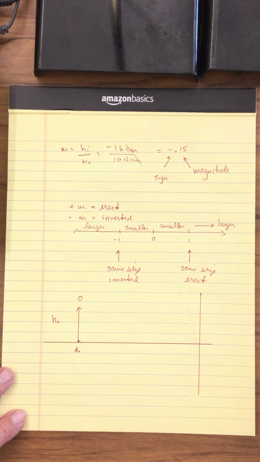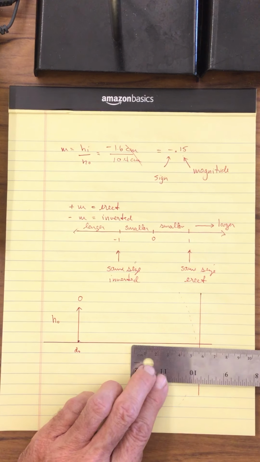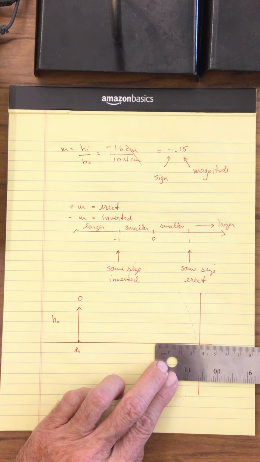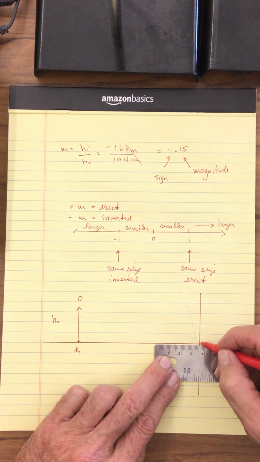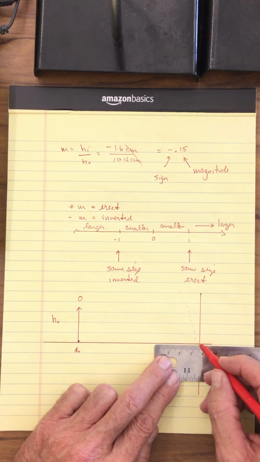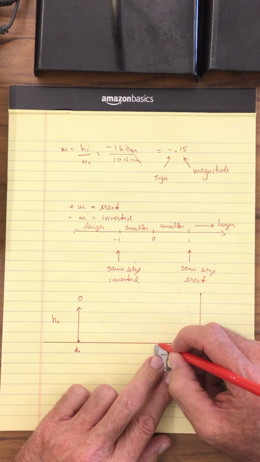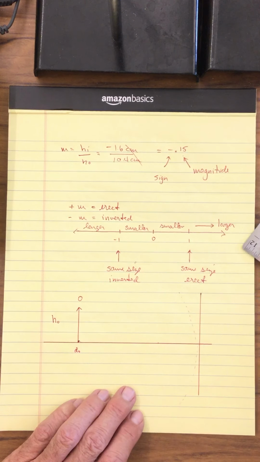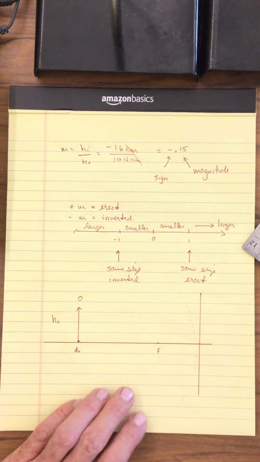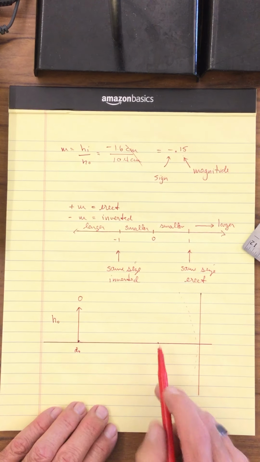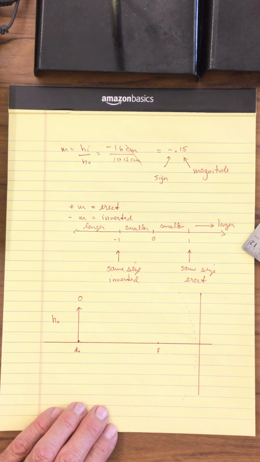My focal point is 3.6 centimeters. So we measure 3.6 centimeters away from the principal axis, in conjunction with this perpendicular. This is where the mirror is, the center of the mirror. And so I'm going to put a dot there, and that's going to be my focal point. The focal length is 3.6 centimeters from that mirror.